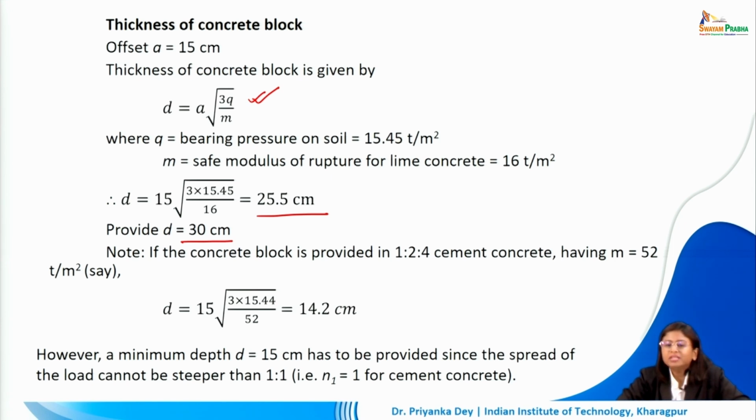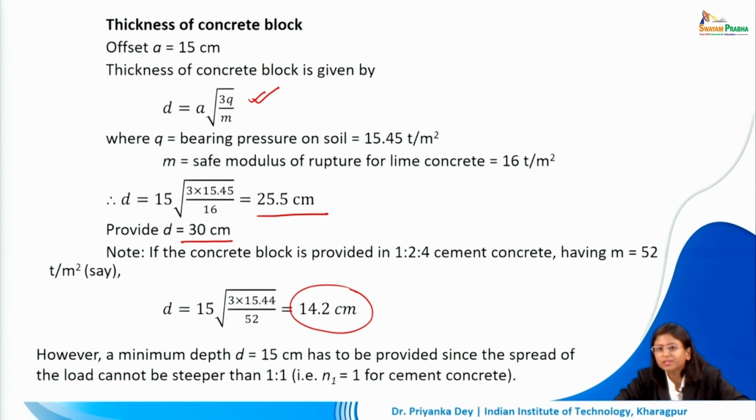If we are having a different type of concrete, if instead of lime concrete we were using, let's say, cement concrete, the value of m, or the safe modulus of rupture, would be different. So if we reapply that in the formula, we'll see that the size will come up pretty less, right? So if you were using cement concrete instead of lime concrete, we could have reduced the size of this, or width of this concrete base, to almost half. 14.2 again is a number not doable on site.